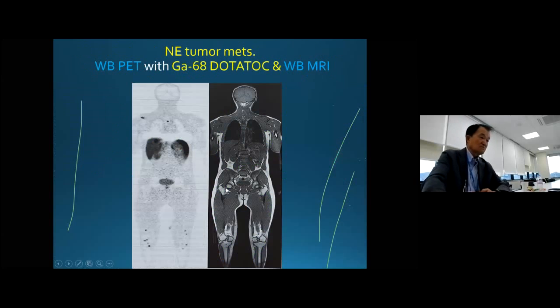Oh, this is a whole body PET MRI. This is a DOTATOC. Now there's DOTATATE too, but multiple lesions, tiny lesions, this kind of thing. MR should show tiny lesions, but it's non-specific.